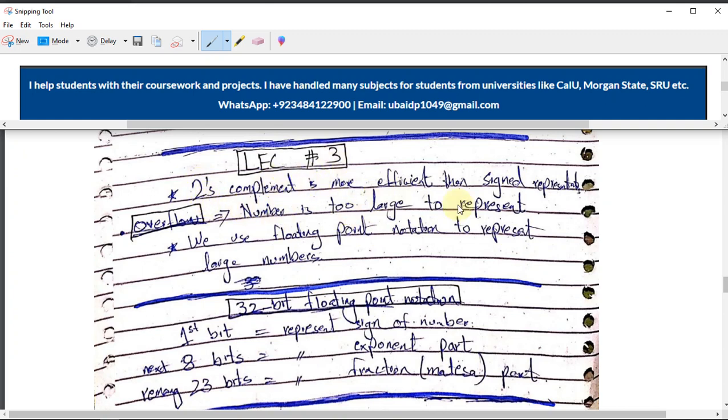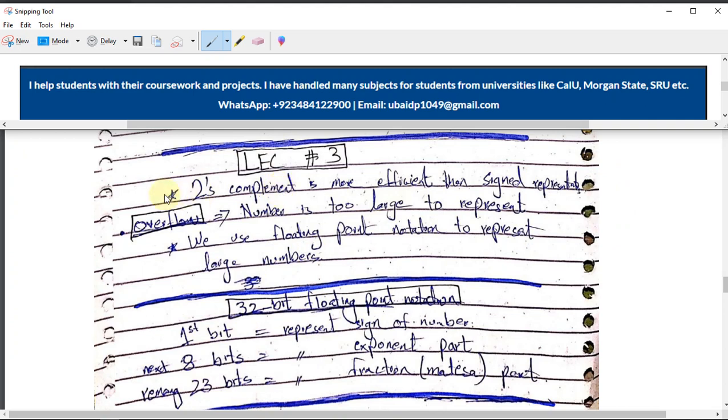It is more efficient and quicker than the signed representation, which is like adding a bit, right? So the two's complement will always give you the correct result in the case of negative and other numbers, right?